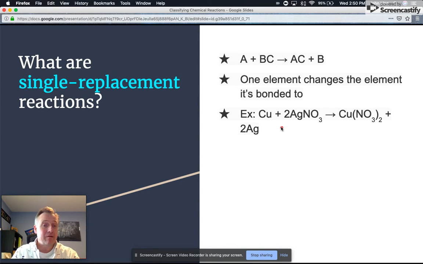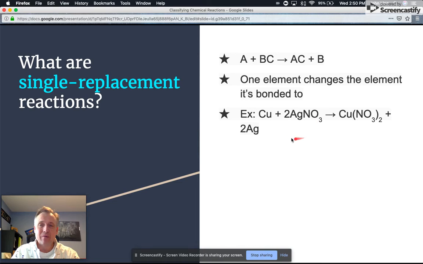An example of that in a chemical reaction would be copper plus silver nitrate here. We have two silver nitrate atoms. Again, this is a balanced chemical equation. We learned about that earlier. And we've just switched roles. The NO3 group kind of acts like one thing here.